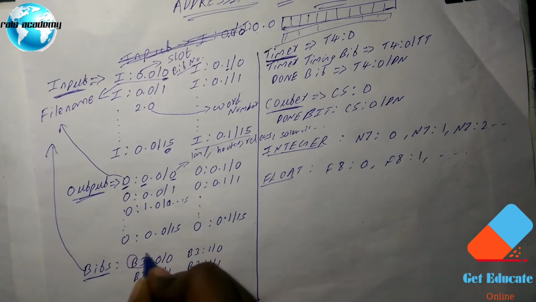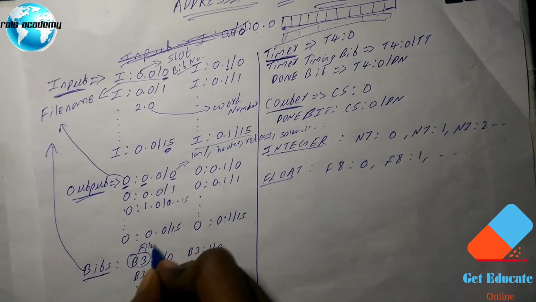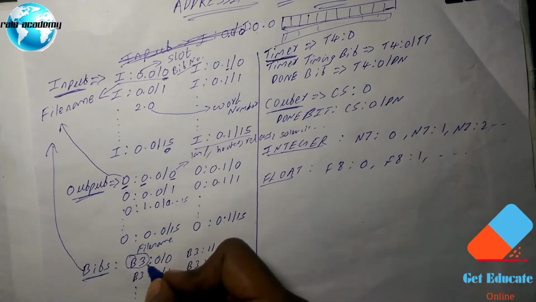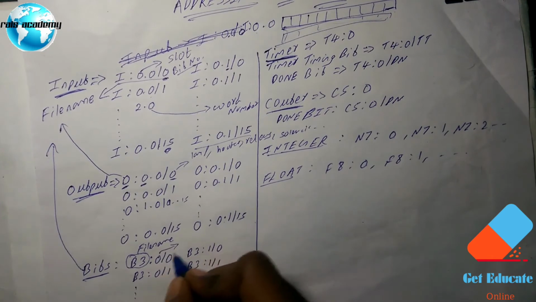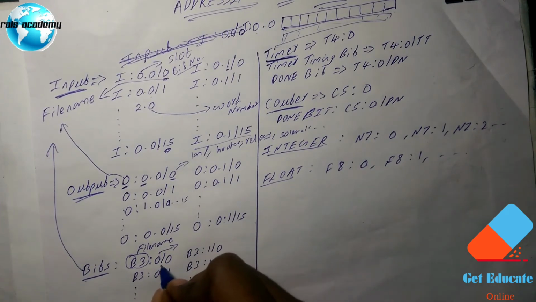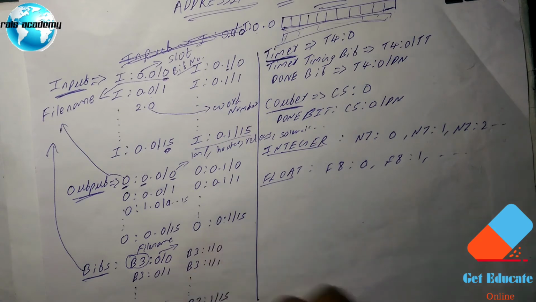Now the addressing of bits. It is simple. This is the file name, meaning we are calling for the bit file, separated by a colon, and this is the word number, word number 0. Because it is the inbuilt bits of the PLC, it doesn't have any slots.